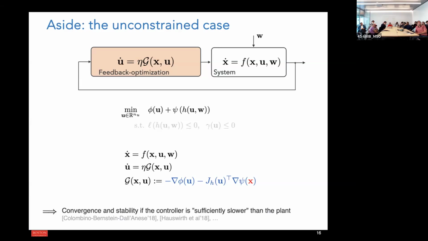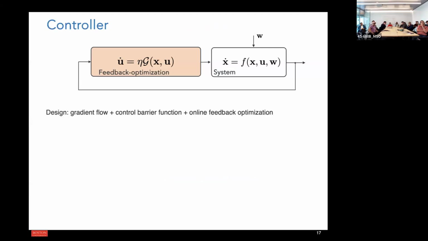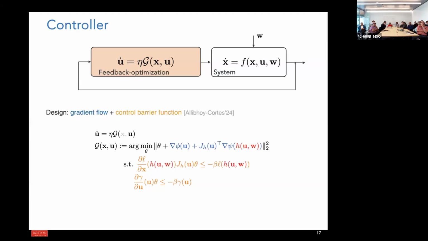In this case, I'm considering a specific class of maps that are defined by gradient flows. However, and we have results when we look at this interconnection. However, let's put back the constraint. And what we do now is to design something that brings together a gradient flow with the CBF.